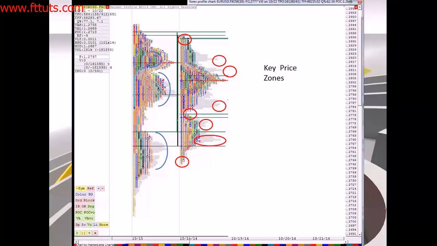All right. Here are the key price zones. These high volume nodes, if you will. Expect that every time we come back to visit them, you're going to see some reaction from the market. It is very easy to identify these nodes from the profile. Up here we had a ledge, prices were rejected.